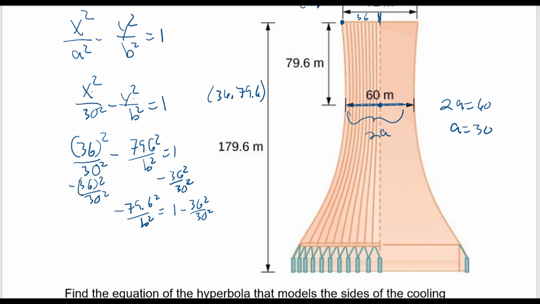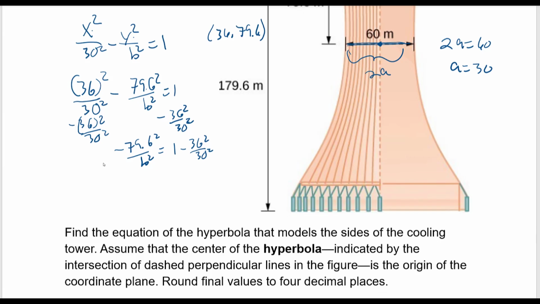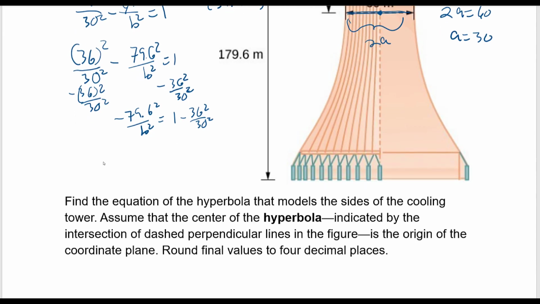Then I'll multiply both sides by negative 79.6. No, maybe I should flip them. Yeah, maybe I should flip them. I wish I had more space. So I'm going to go negative 79.6 squared over b squared equals, I need to get this into one fraction, so I'll make that 30 squared minus 36 squared all over 30 squared. So now I can flip both sides.